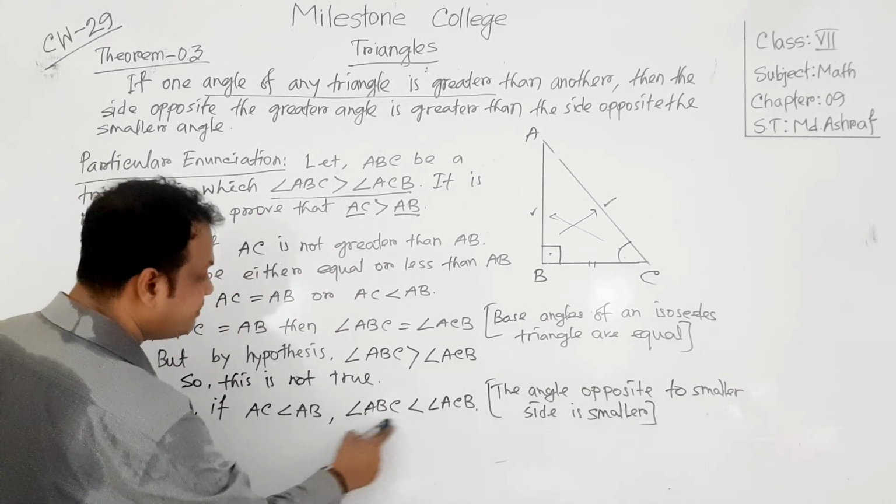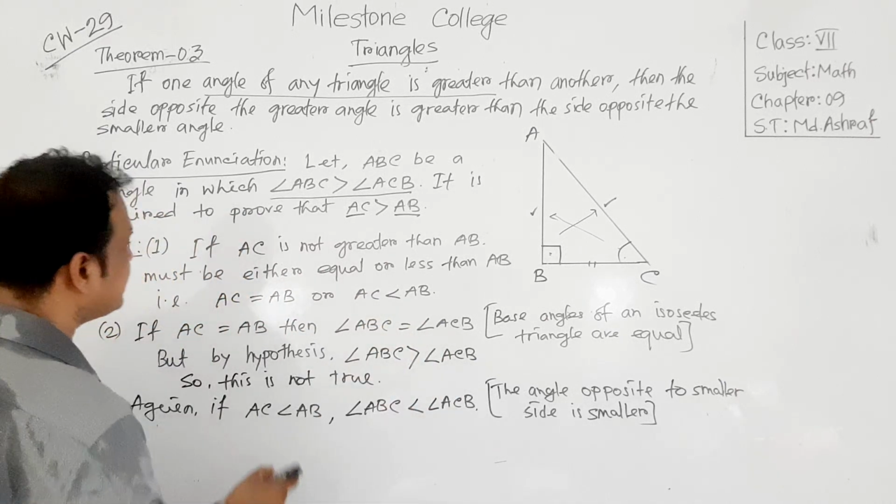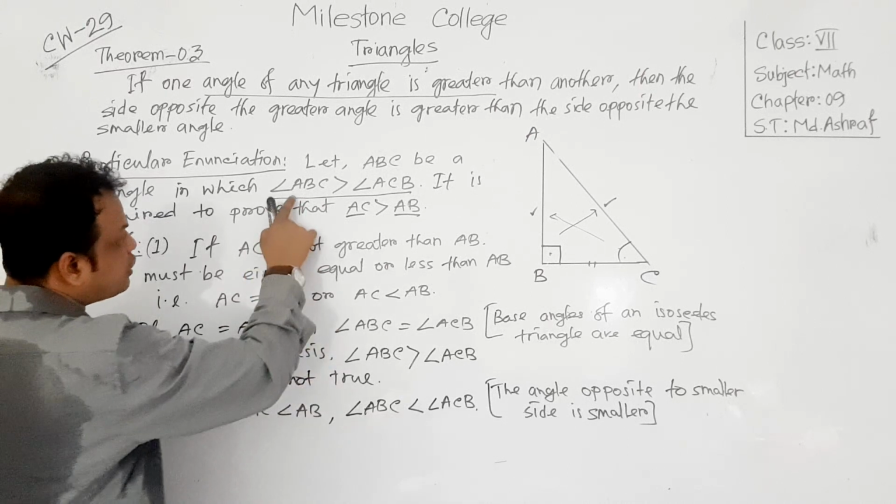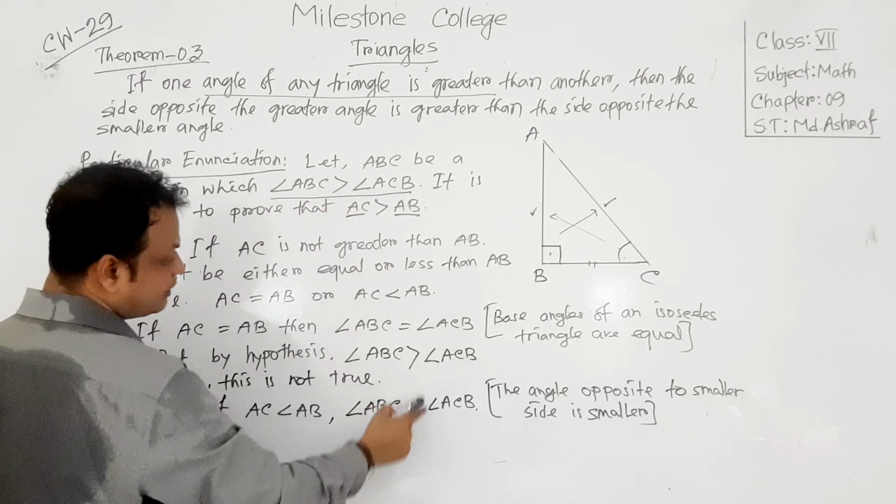So angle ABC less than angle ACB, but by hypothesis, what have you got? Angle ABC greater than angle ACB, so it's not true.